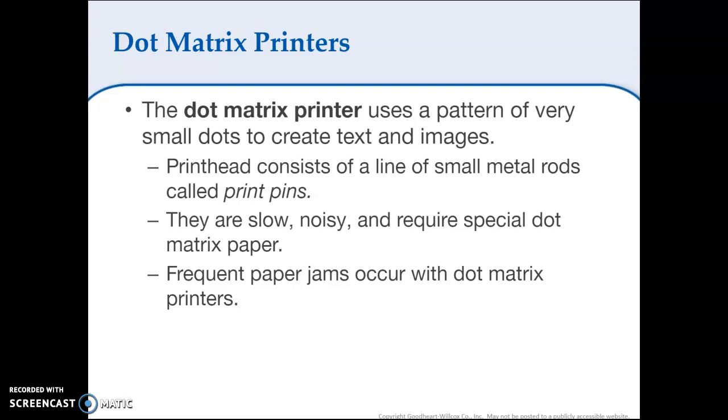These consist of a line of small metal rods called print pins. They're slow, they're very noisy, they require a special type of paper in order for the dot matrix image to be printed, and they also correspond quite often with paper jams.